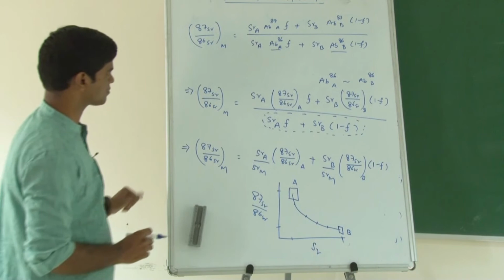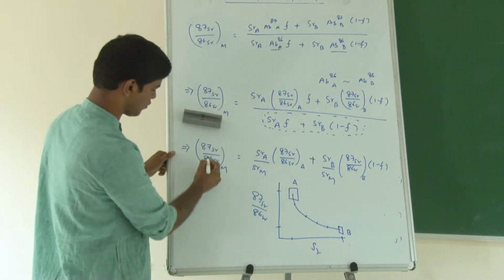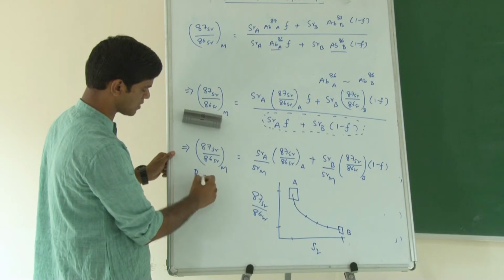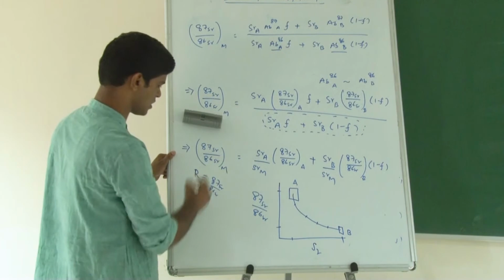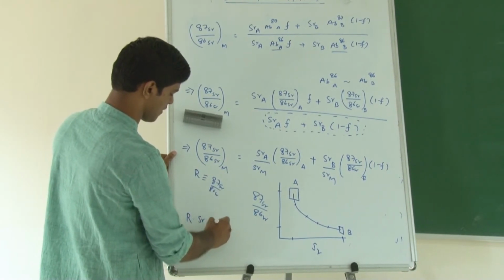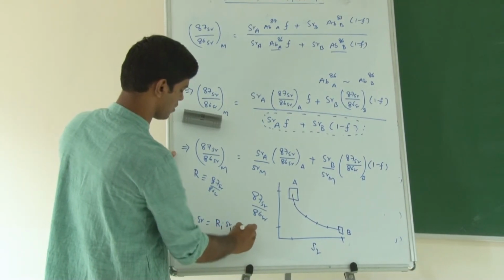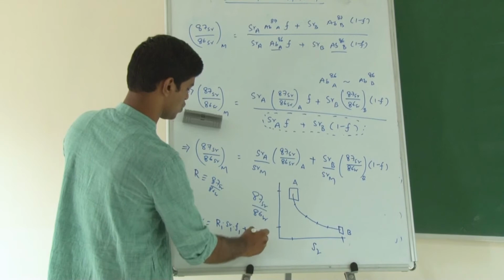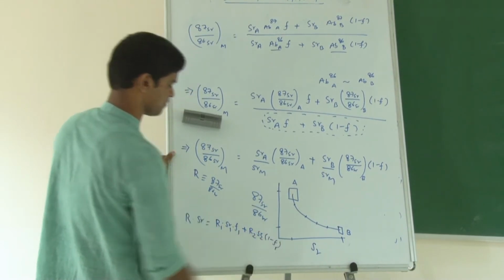So, we can write this if I assume that R is actually 87 strontium by 86 strontium. So, this can be R strontium will be R1 strontium 1 F1 plus R2 strontium 2 1 minus F1.